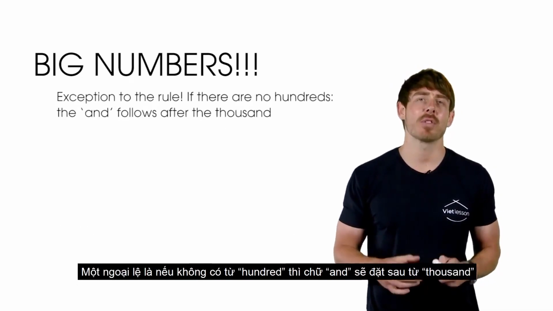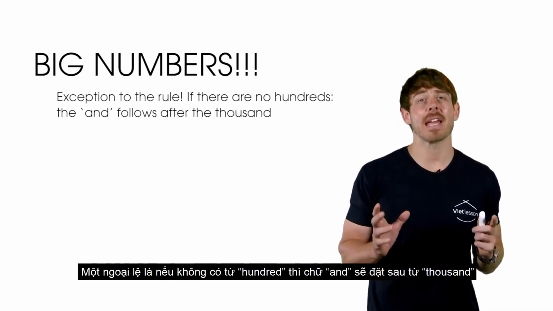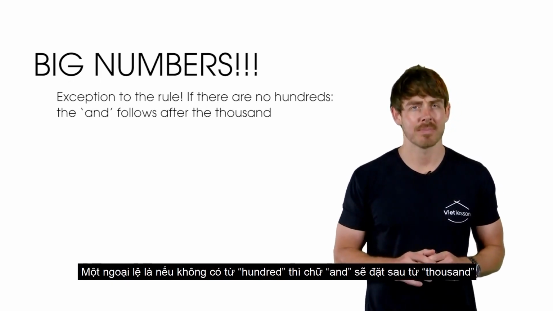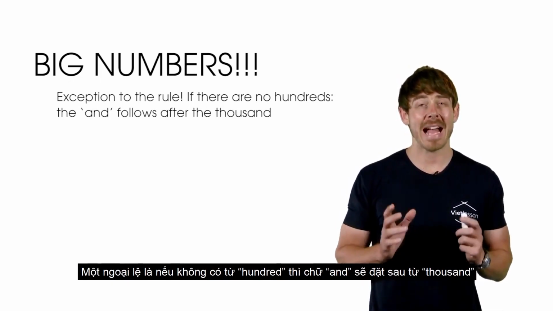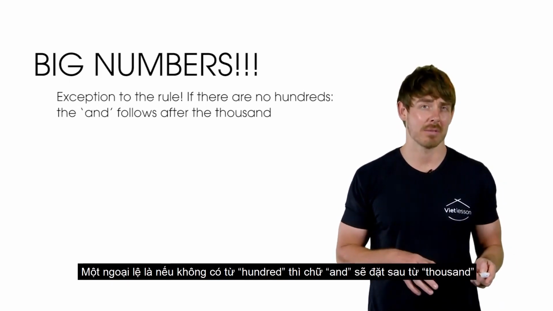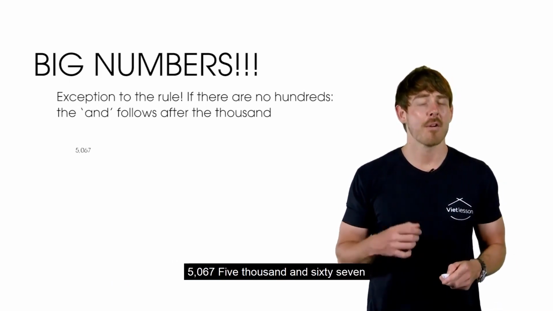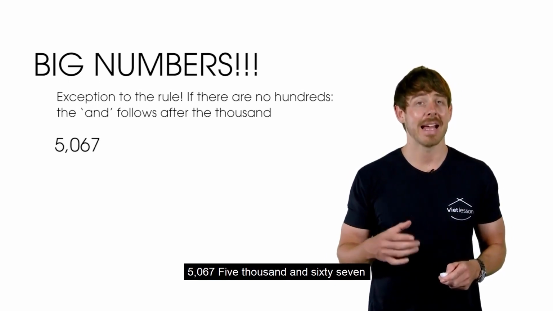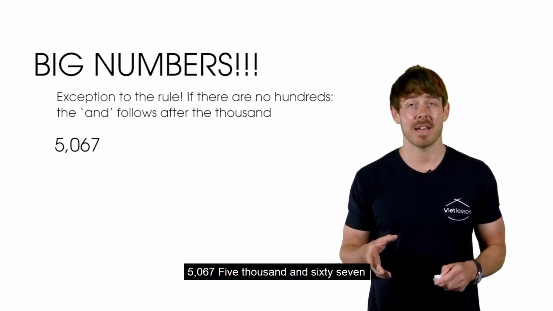One exception to this rule is if there is no hundreds. So the "and" follows after the 1,000. 5,067.